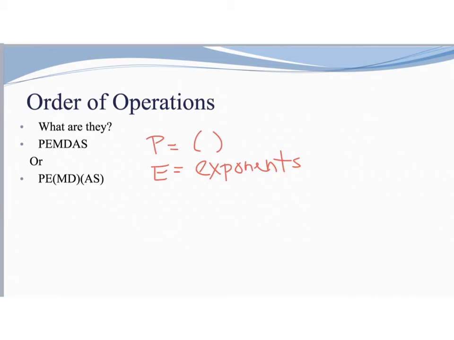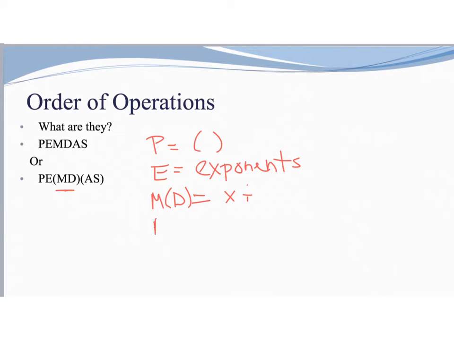And then the M and the D, I wrote it like this because you have M, and then I'm going to put in parentheses D. This is really our multiplication and division. And remember that this is going to occur in the order that you approach it from left to right. We'll talk about that in a second.